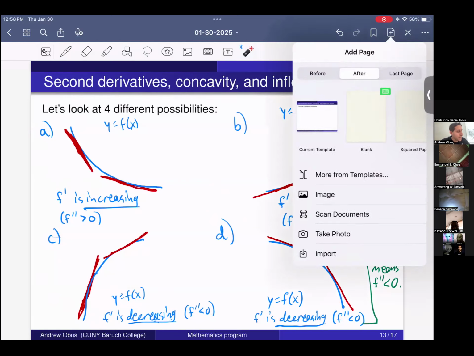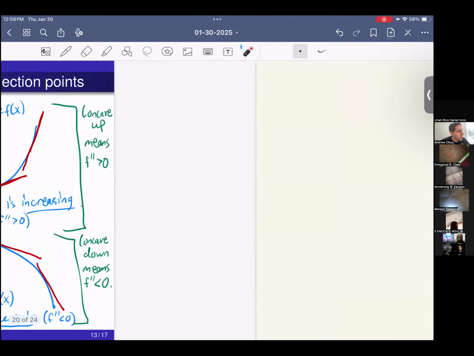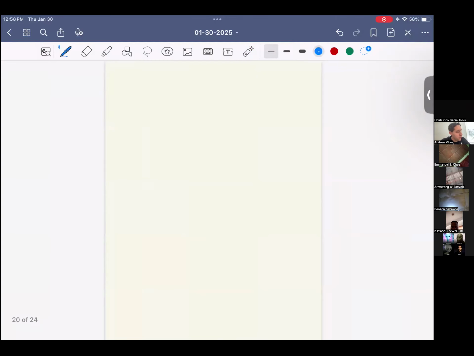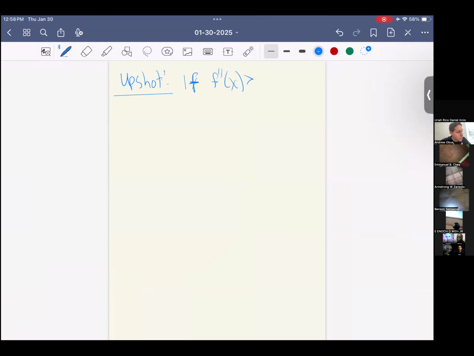So I'm just going to add it as an extra slide here, and then we'll stop. So I'll just say the upshot is, if f double prime of x is greater than 0 on an interval, then f of x is concave up on that interval.